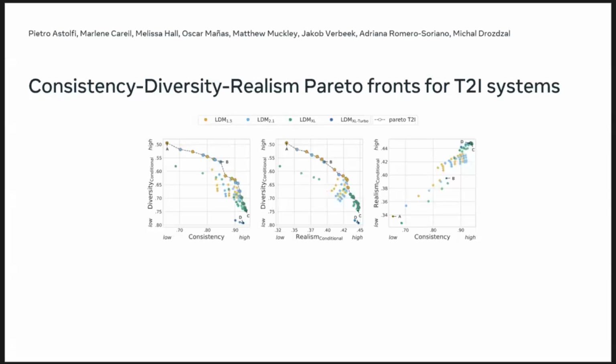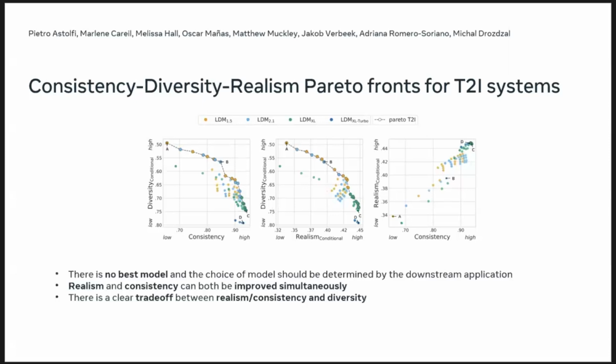So consistency versus diversity, realism versus diversity of the generations, and consistency versus realism of the generations. So what we observed from this analysis is that there is actually no best model, and that the model choice when we want to generate images should be determined by the downstream application.